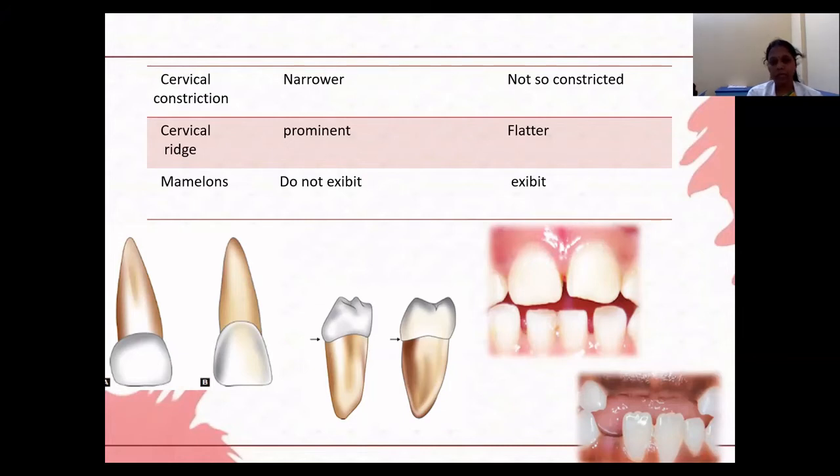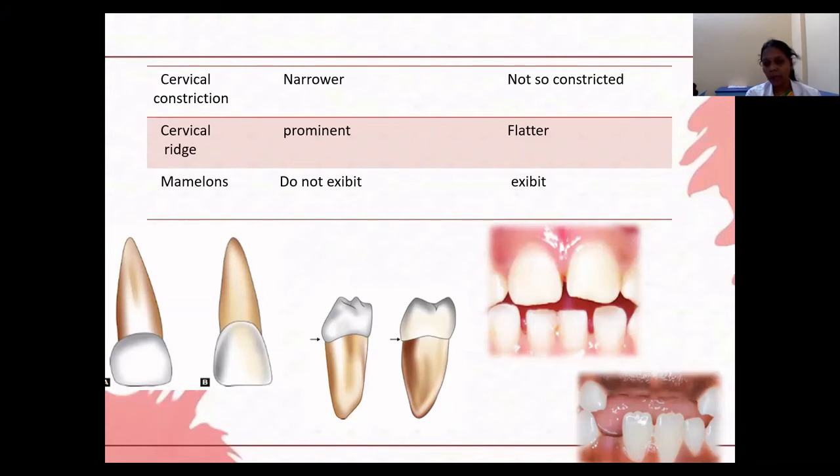And here also, if you are seeing in the diagram, the cervical ridge is more prominent for the primary teeth when compared to that of the permanent teeth. And when you are seeing in the third image, you can see the incisal edge of the teeth is flatter when compared to that of the fourth picture.